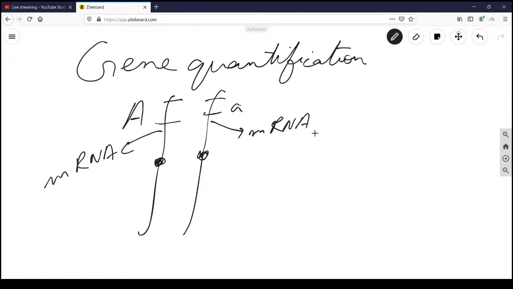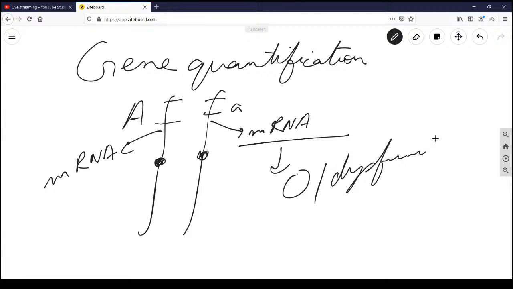It is a matter of probability, not that only this specific DNA will be used for mRNA production. This can also be used, and when it is used, you get zero protein or a dysfunctional protein. So the quantity of protein is not enough, because it is produced from only one allele in the heterozygote condition, so it is not able to completely shift the phenotypic effect towards the normal parent. That is known as incomplete dominance.